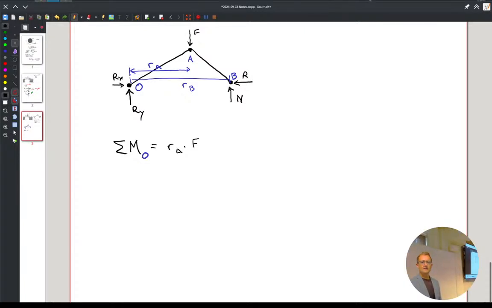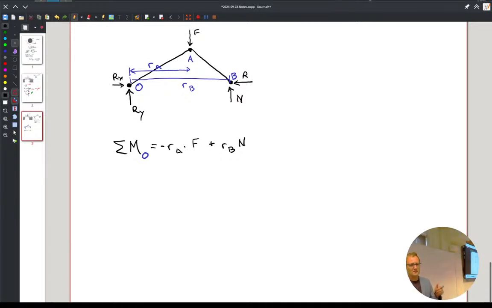I got negative. Negative, yeah. Looking into the page. And then N, positive or negative, RBN. Positive, yeah. So like twisting kind of that way. Cool.